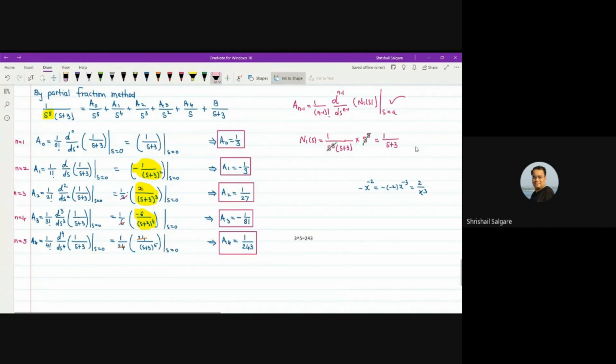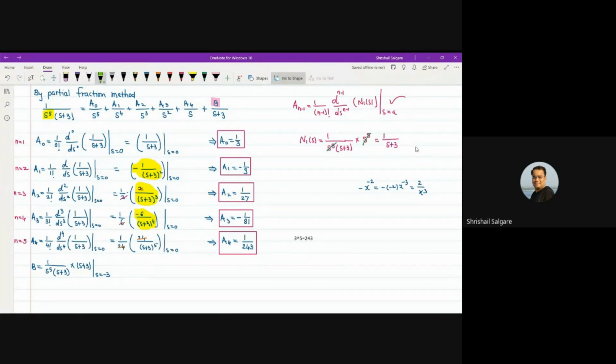So next you have to find B. Now that B can be calculated in the regular way. So this B is given by 1 upon s raised to 5 into (s plus 3) multiplied by (s plus 3), and the value of this function at s equal to minus 3.